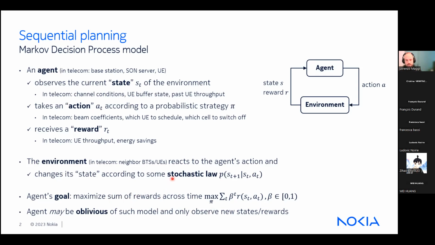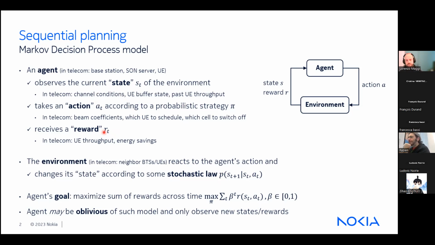And the state, importantly, changes according to some law. And usually, all of this is unknown. But there are some cases in which it is known, and we'll see what to do in this case. But usually, all this is unknown. So the reward is observed, but the function according to which the reward is given to us is unknown.